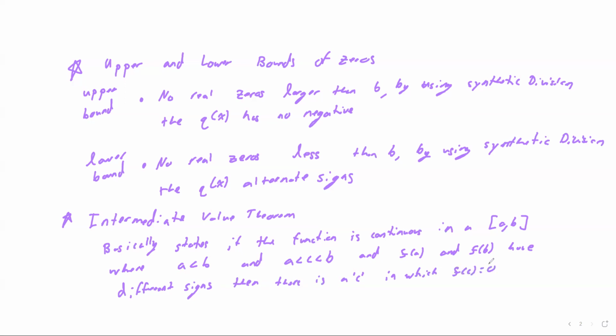Again, basically it's stating that as long as there's a continuous line and you have one that's negative, one that's positive, at some point it had to go through the x-axis. I'm just saying at some point. I'm not saying it didn't go through multiple times, but it had to go through at least one time. And this is something that your homework definitely does ask you multiple times how to do.